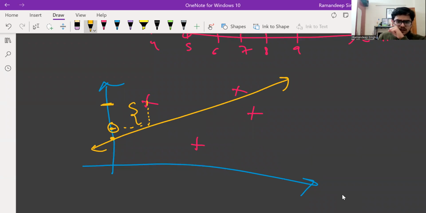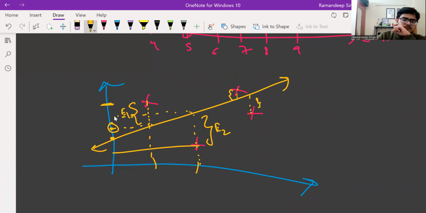Similarly, at this CGPA my model is predicting a very high package for him, but in reality he has got this package. So this is my error 2. This is my error 1.